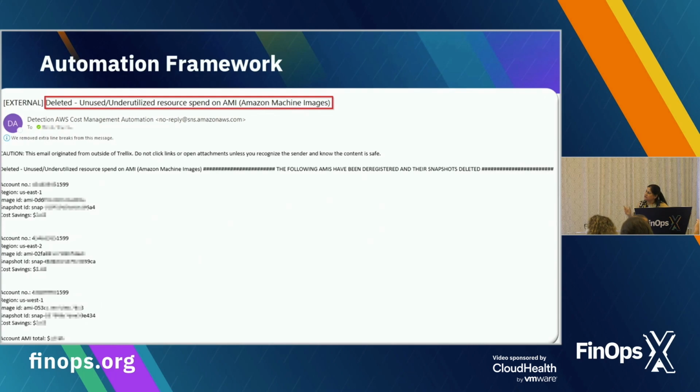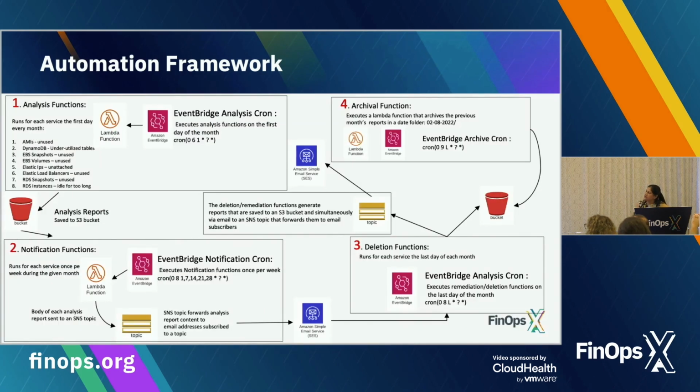A quick look at the delete email: it has the IDs of the resources that are deleted and the same cost information. I also put it in the S3 bucket for auditing purposes at a later time, so it is archived as well. A quick note here that I have deployed it in the non-production environment only.